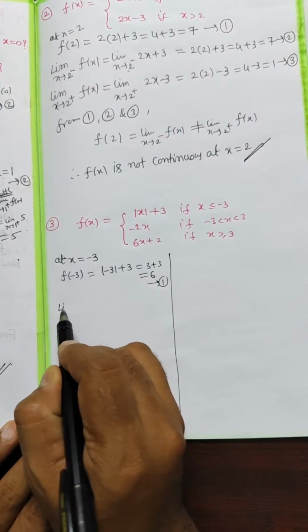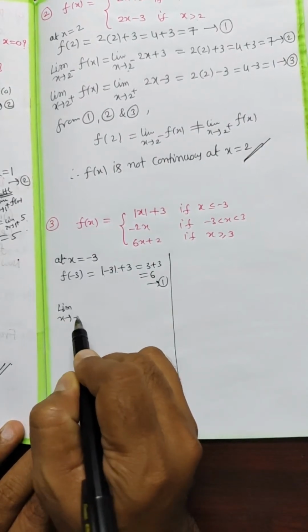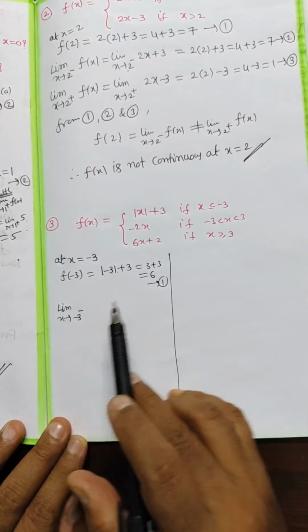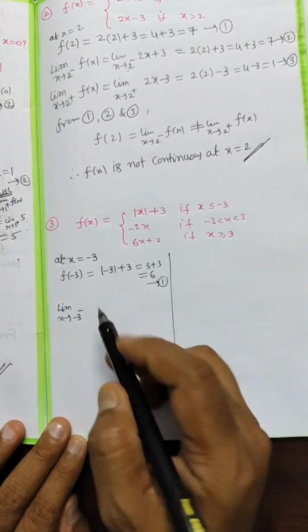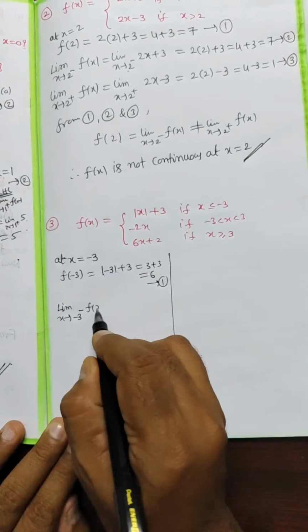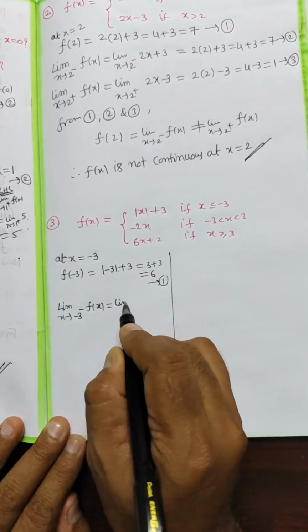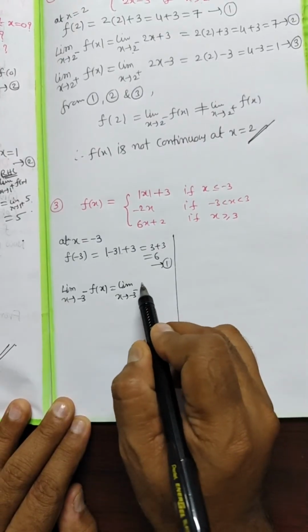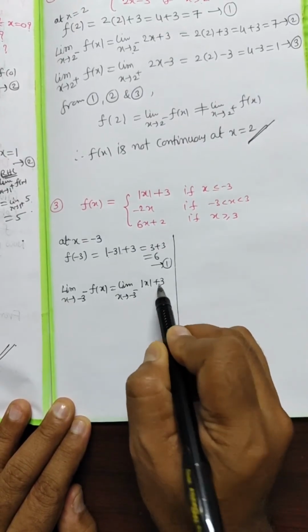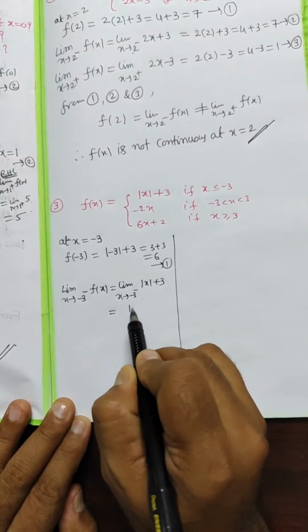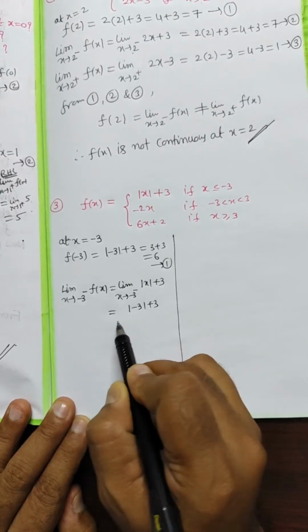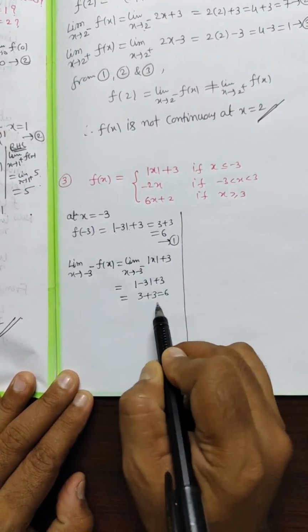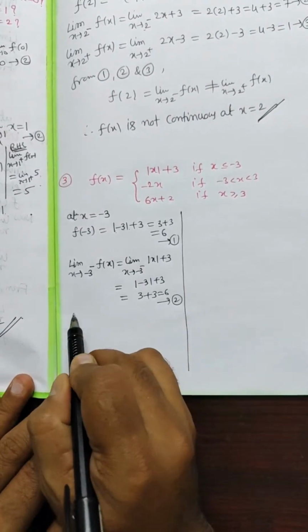Next, limit as x tends to minus 3 minus means x is less than minus 3. This function you have to consider, so the limit as x tends to minus 3 minus of mod x plus 3 is equal to mod of minus 3 plus 3, which is equal to 3 plus 3, which is equal to 6. Equation number 2.